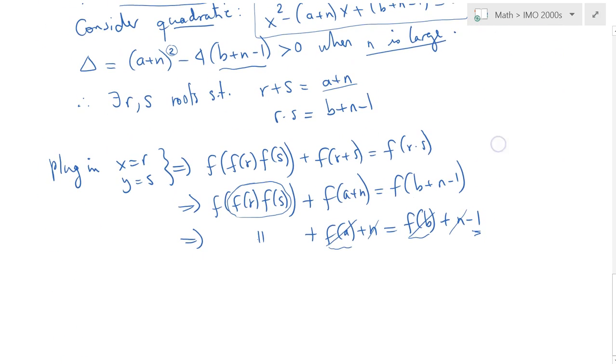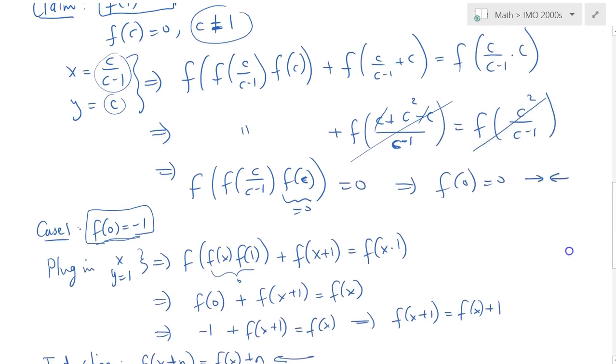So that would imply that the expression inside is actually equal to 0. So it would imply f of r times f of s is equal to 0, implying either f of r is equal to 0 or f of s is equal to 0.